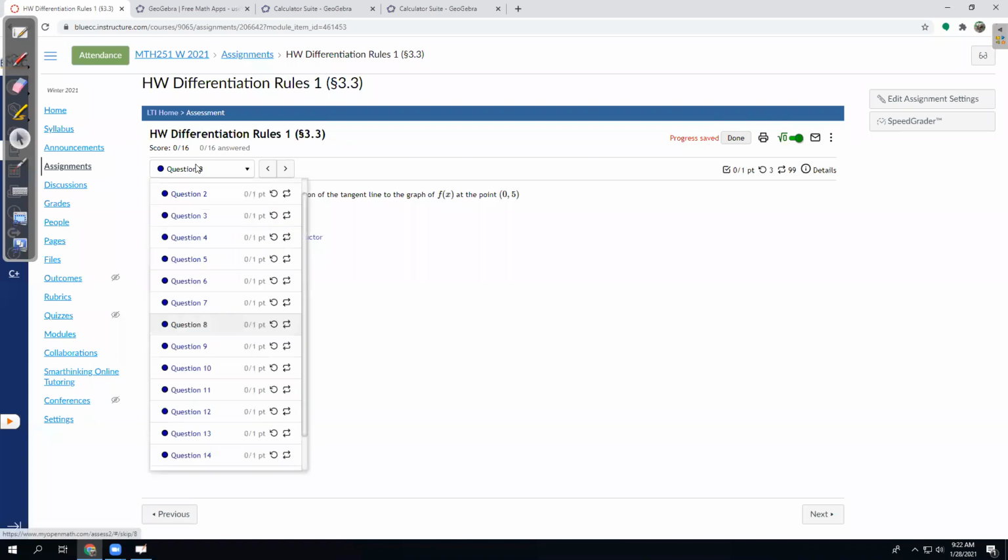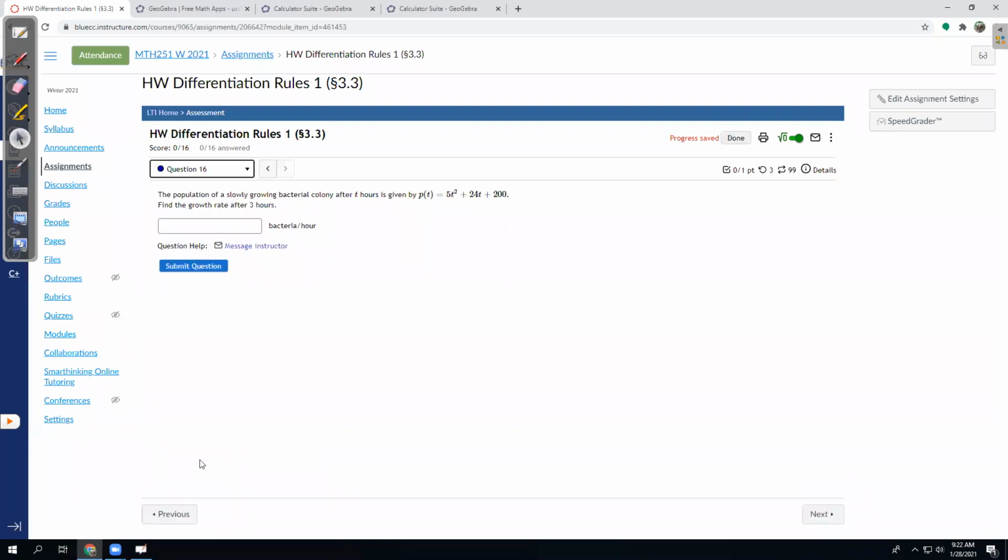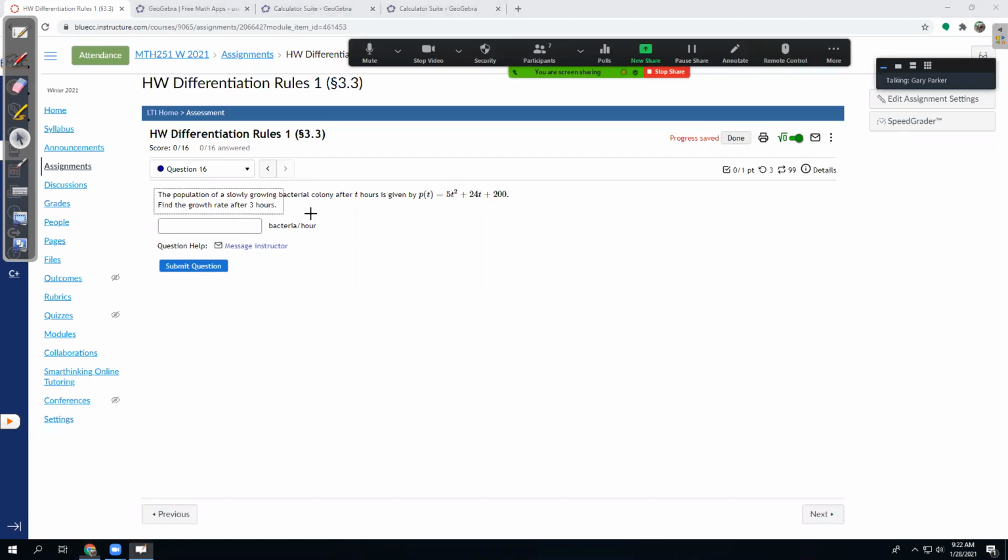All right, number 16. Ooh, let's see. Yeah, so we're looking for a growth rate, and remember, derivative is a rate of change function, right? That's what we've been working on all quarter. Rate of change is the derivative, so this just means, hey, take the derivative and plug in 3. So let's bring that to my notebook.